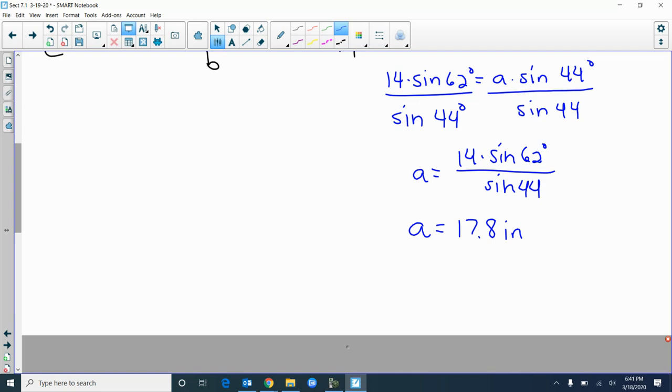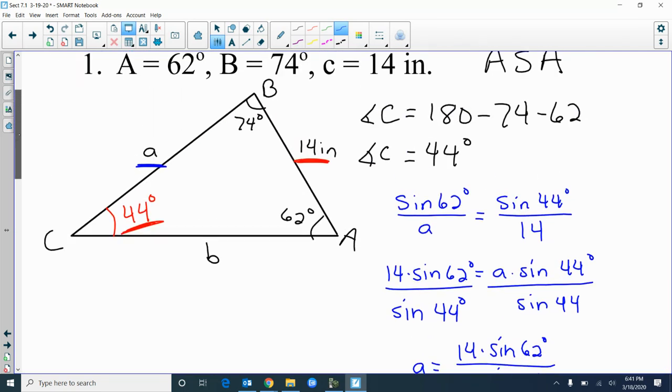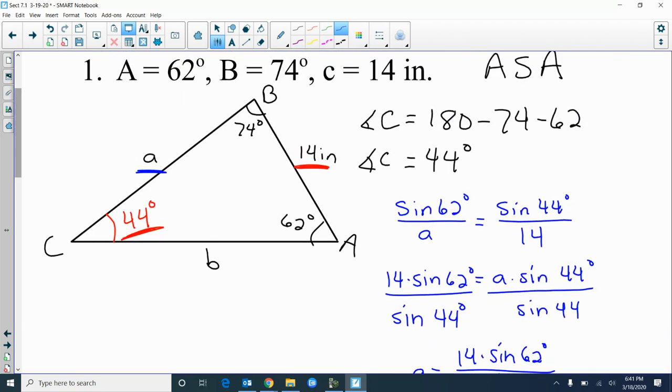As I mentioned Friday, we do not want to use a rounded off value if at all possible. So I need to find side B, and I need to use angle B. Well, I can still use side C and angle C because those are exact values.